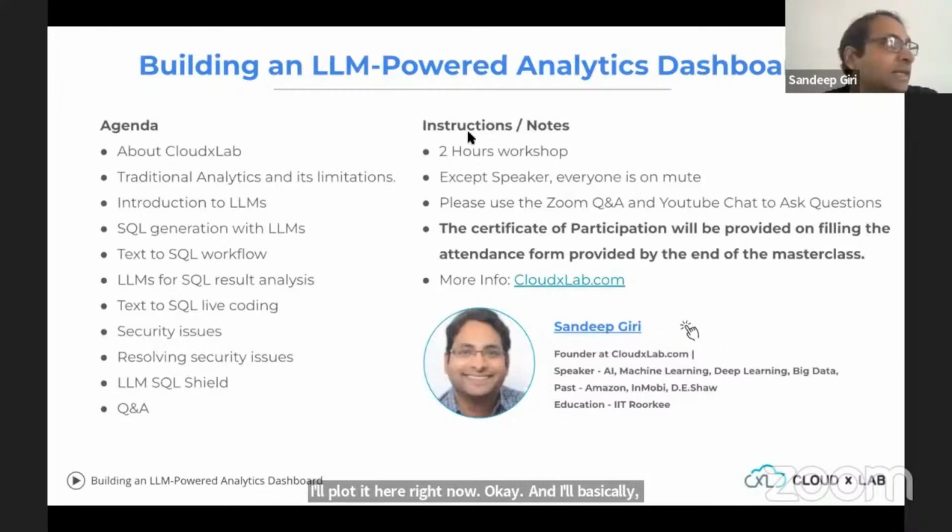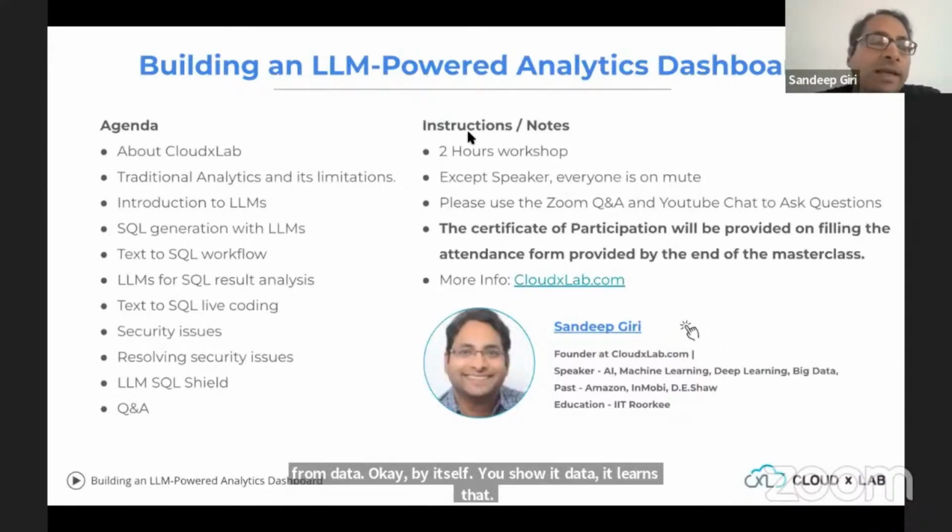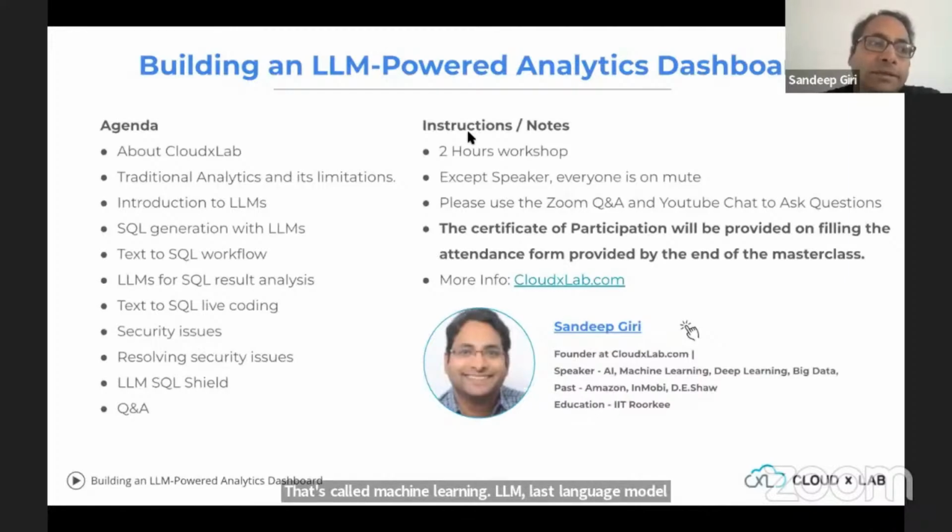So ML stands for machine learning from data. By itself, you show it data, it learns that. That's called machine learning. LLM, large language model, is that model trained? It's a machine learning model.